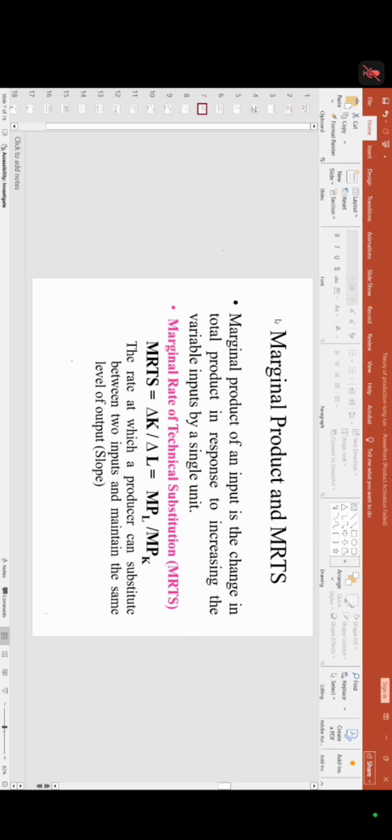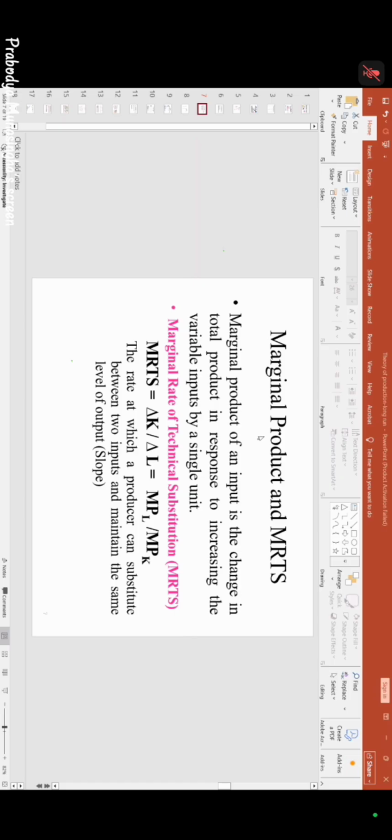So now you are going to learn about marginal product and the marginal rate of technical substitution. You are going to learn about the marginal output. If one particular input is increased, what happens to your marginal product?